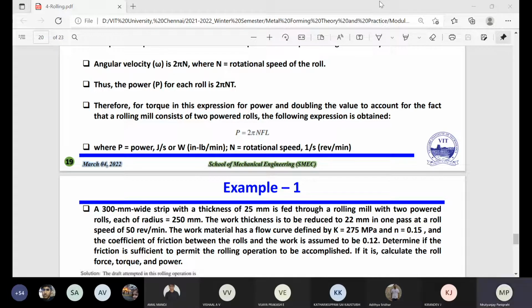Newton meter, okay. Then what is the P, sir? Power. This equation is written there on the upper side, 2 pi N F L. N is given as 50 revolutions per minute.